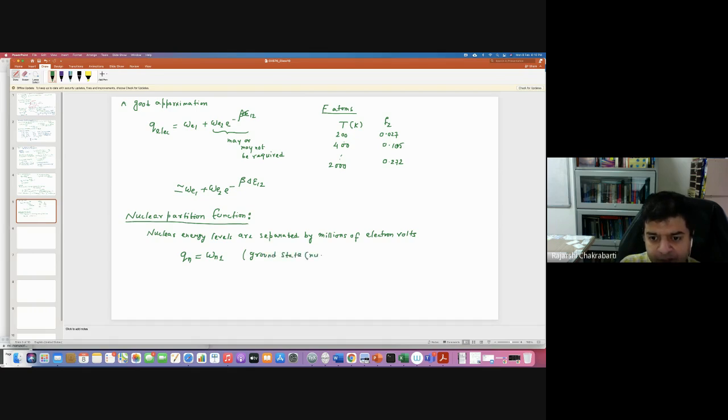The nuclear ground state is... so this is a good approximation to your nuclear partition function. Okay.